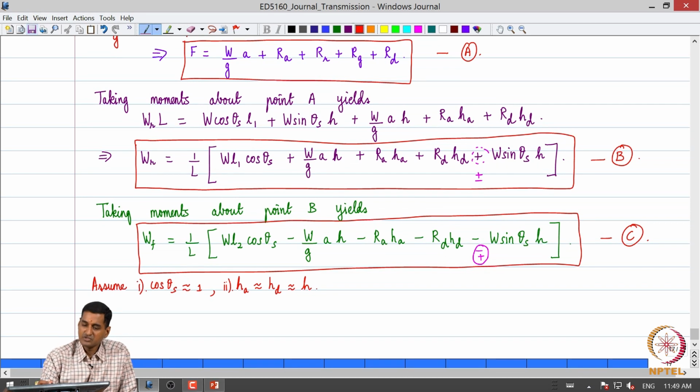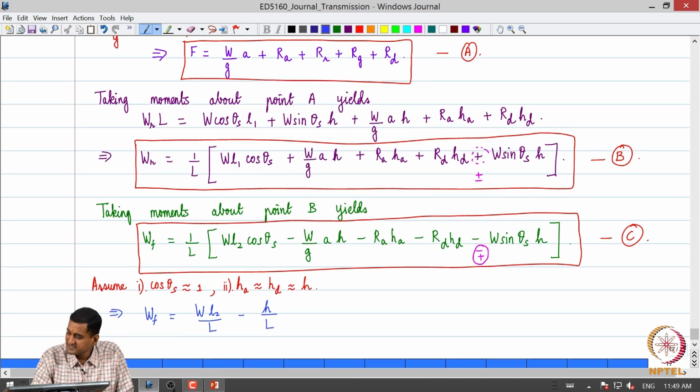Once we make these assumptions, immediately we can observe, what will happen to WF? It will be 1 by L, let me rewrite in this form, I can rewrite it as WL2 by L, because cos theta s almost becomes 1, and then we pull h common, because ha, ht and all are approximated as h.